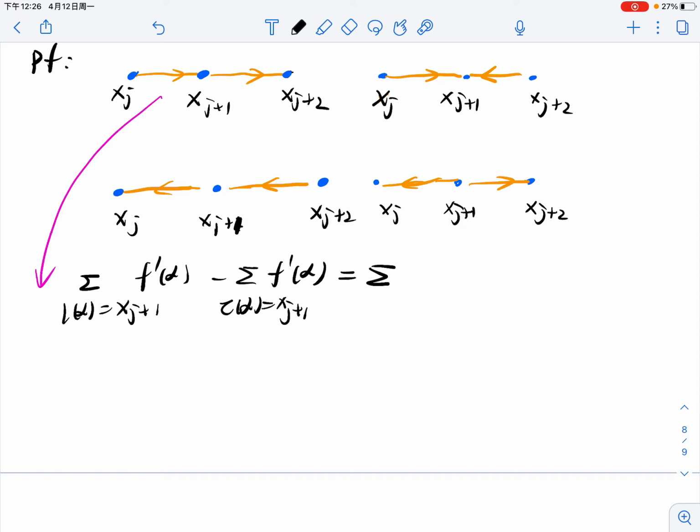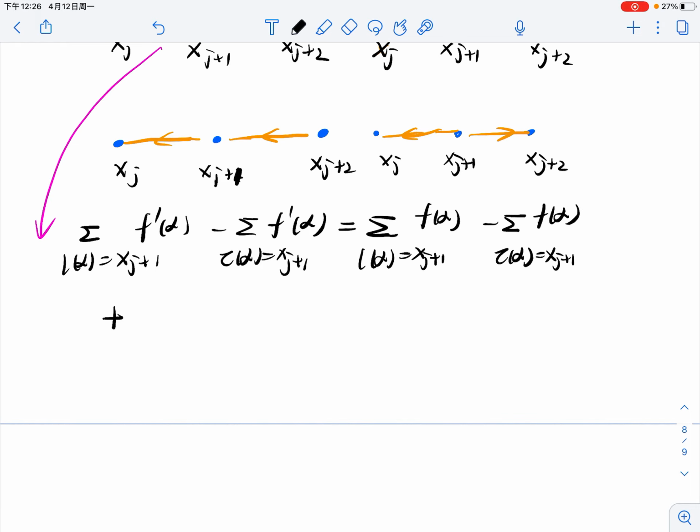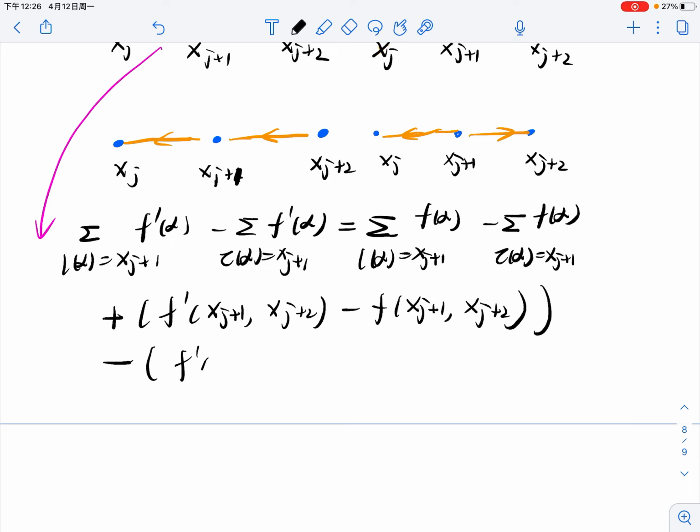So here, and also x0 to xm are distinct, so we can rewrite this as the difference between flow in and flow out for flow f, plus f prime of (xj plus 1, xj plus 2) minus f of (xj plus 1, xj plus 2) minus f prime of (xj, xj plus 1) minus f of (xj, xj plus 1).